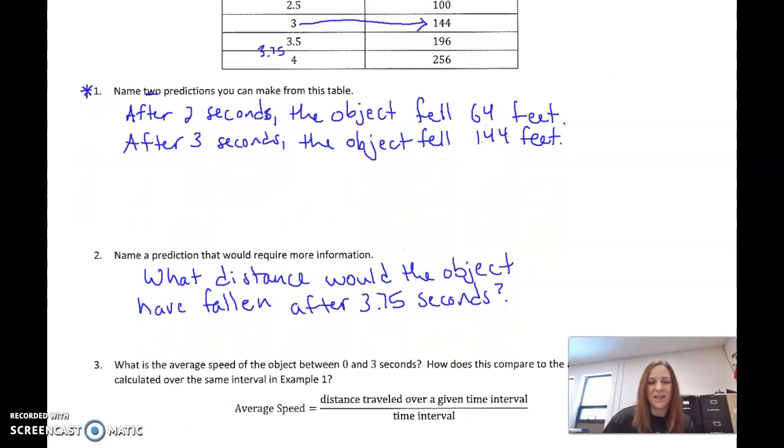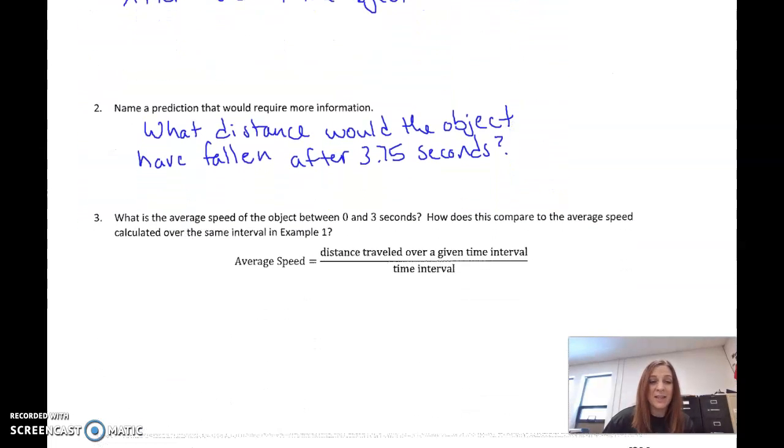Now, what is the average speed of an object between 0 and 3 seconds? I am glad to see nothing has changed, still struggling with drawing straight lines. How does this compare to the average speed in the same interval in example 1?